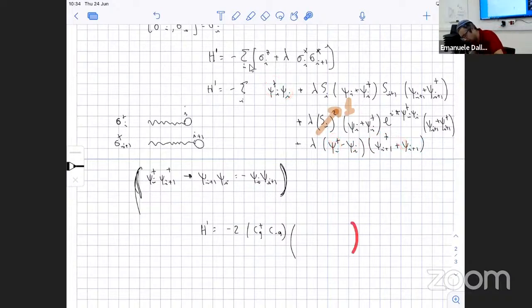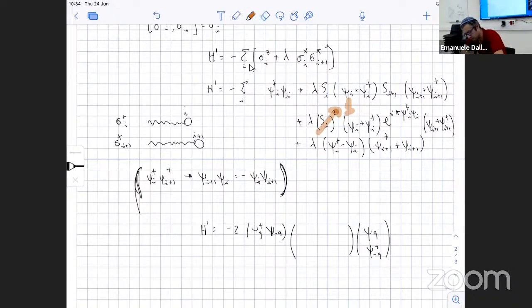So my matrix is going to be, oh sorry, it shouldn't be C, it should be psi. Psi_q, psi_{-q}, and here I put psi_q, psi_{-q} dagger, like this. So it's a quadratic form.